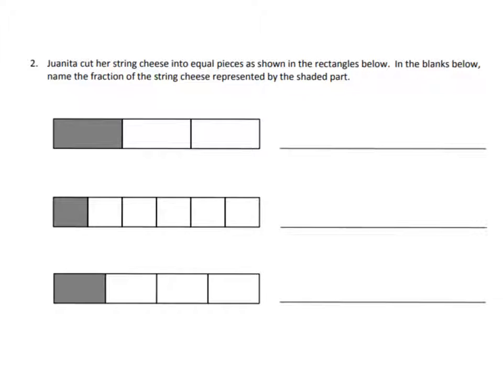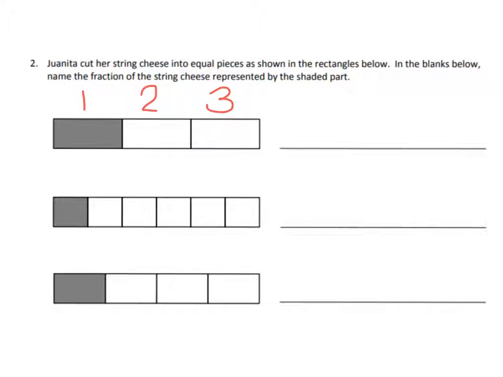Let's take a look at number 2. It says Juanita cut her string cheese into equal pieces as shown in the rectangles below. In the blanks, name the fraction of the string cheese represented by the shaded part. So if I take a look at the first one, I see that there are 1, 2, 3 pieces.